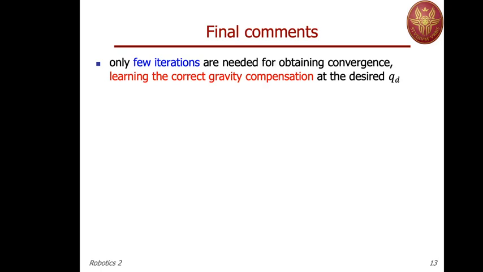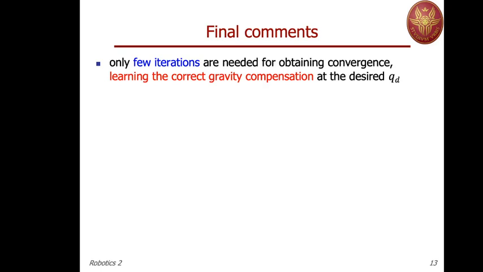So, final comments on this very simple law. It's a first example of learning, in the sense that without knowledge of the model terms, in particular of the gravity terms, but also of any other terms of the dynamic model, only an upper bound is known on the gradient of the gravity terms.